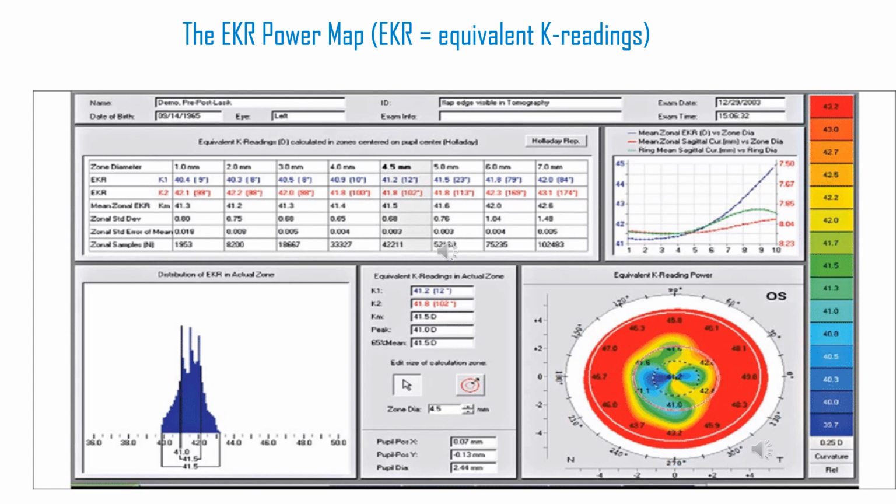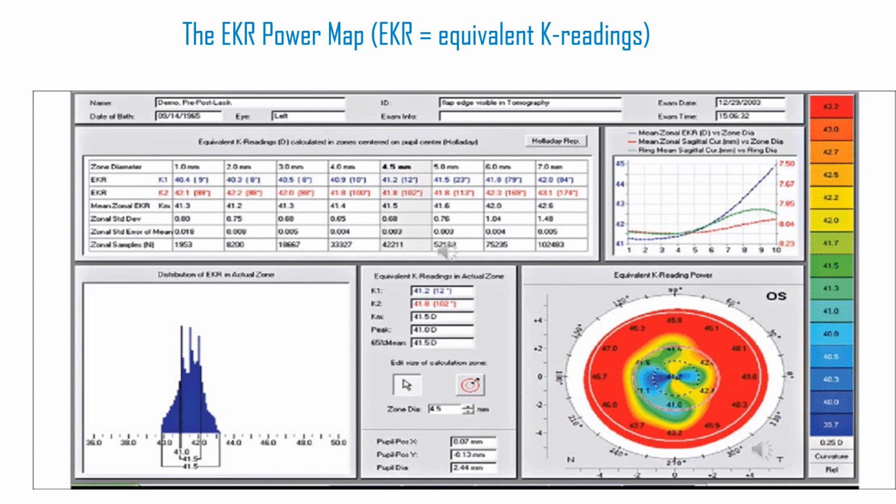On the left, down part, you also have a picture which shows the spread of the corneal astigmatism, the corneal values. The more spread out the blue region is, the more it means you have a lot of difference between these zones, from 1 to 2 to 3 to 4 to 6 millimeters.